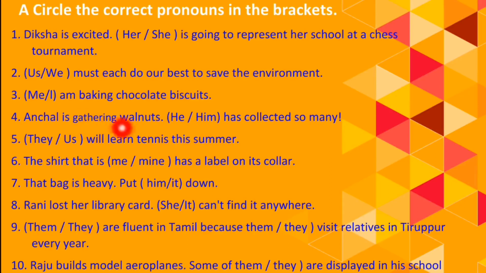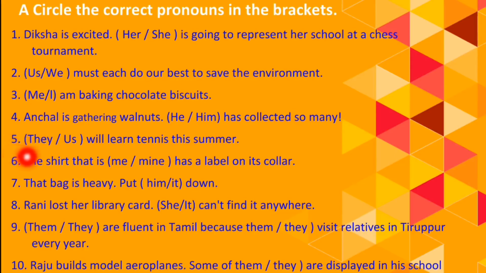So it is he. He is the subject pronoun. He has collected so many. The subject place is vacant, so we have to use the subject pronoun. Him is the object pronoun. We cannot use it in the beginning of the sentence. It will be either at the end of the sentence or somewhere in the middle.